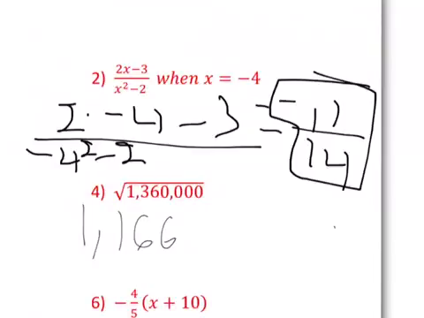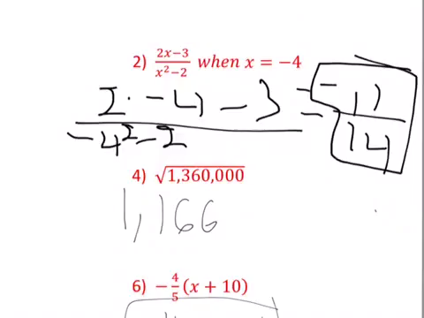Then you do 2 times negative 4, which is negative 8, minus 3 equals negative 11, over negative 4 squared minus 2, which is equal to 14. So you get negative 11 over 14, because you keep it as a fraction.